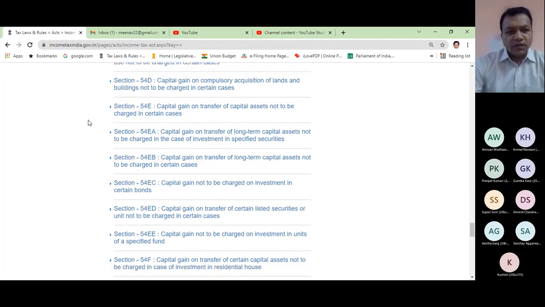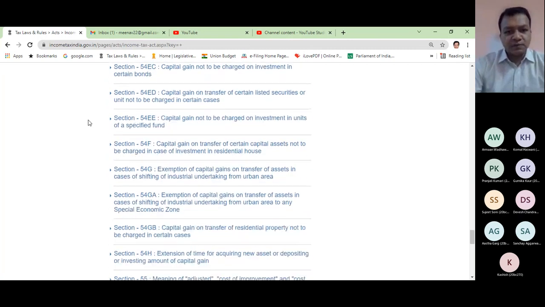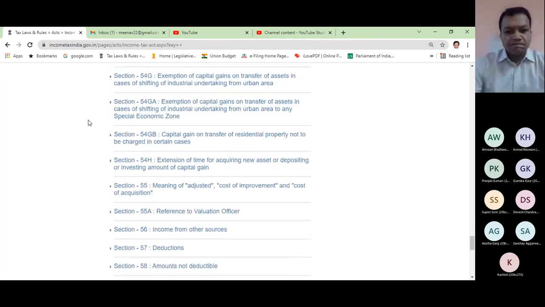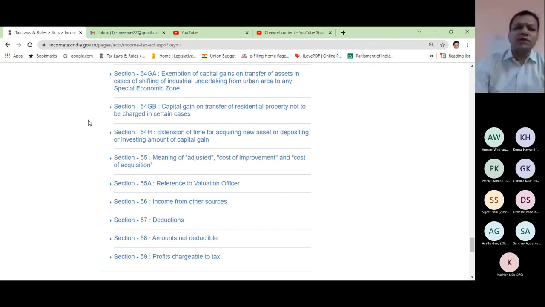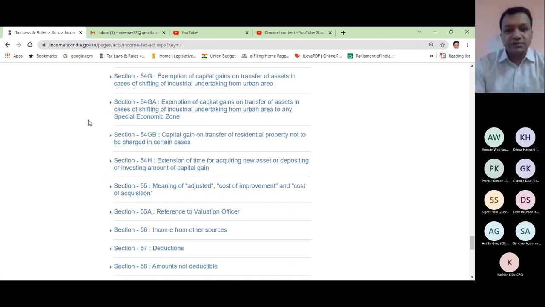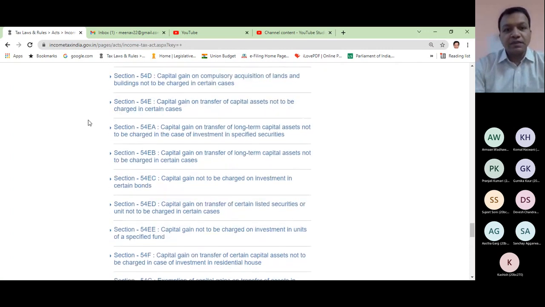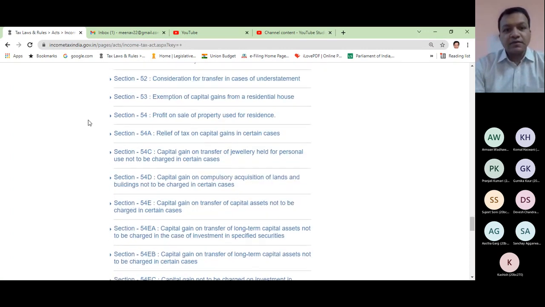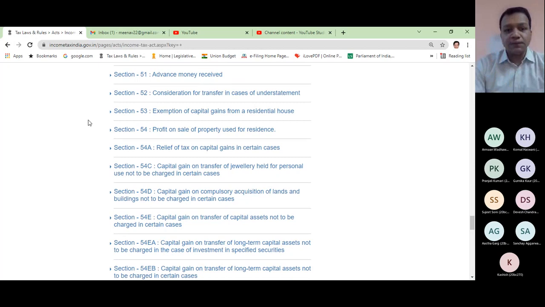Anyhow, these are so many sections. So whenever you apply the provisions, you don't deal with only one authentic source. So many times you see other sources. That is why I say that you have to self-study and read from the original sources. And so many times, even these original sources must be read carefully.